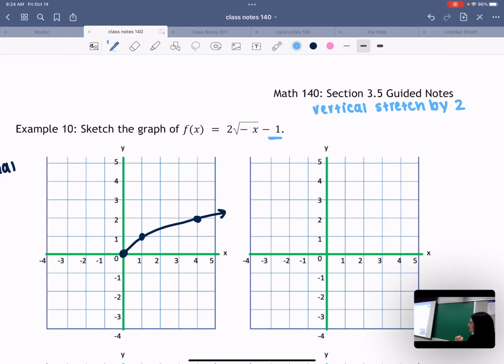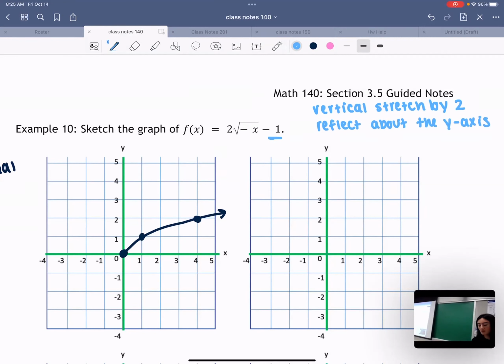Once we're done doing that, we have to do the reflections across the x-axis or y-axis. Is there a reflection here? Yes. Is it across the x-axis or the y-axis? The y-axis, right? Because the negative is attached to the x and it's not on the outside of the function. So this is actually a reflection about the y-axis.